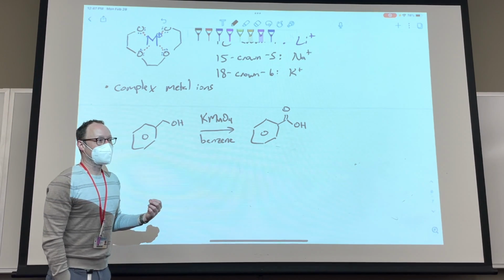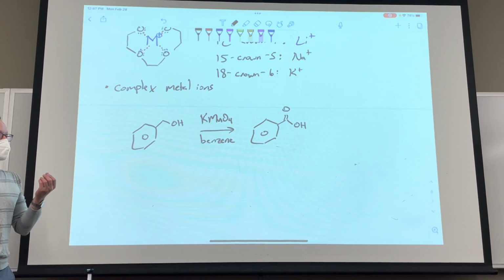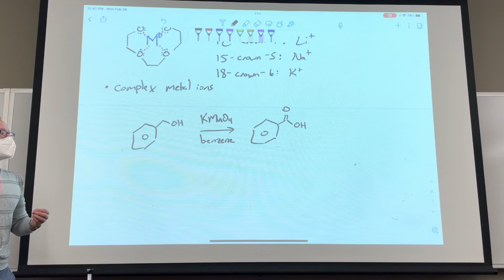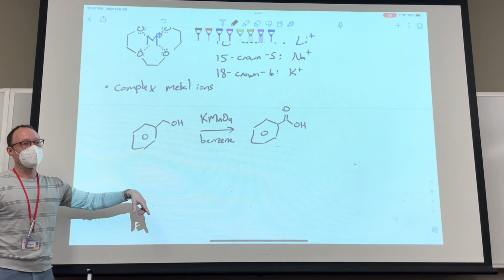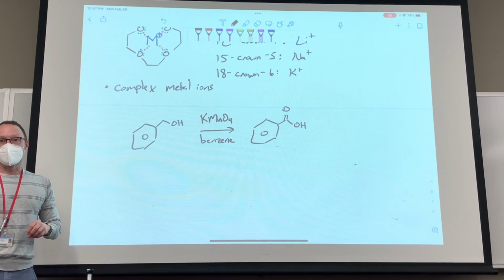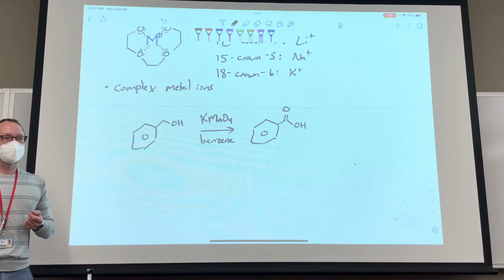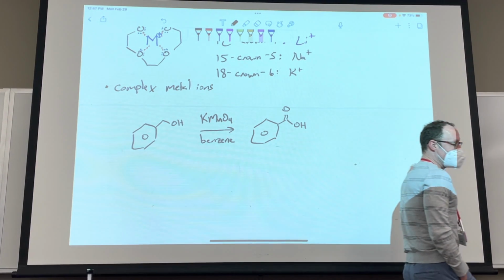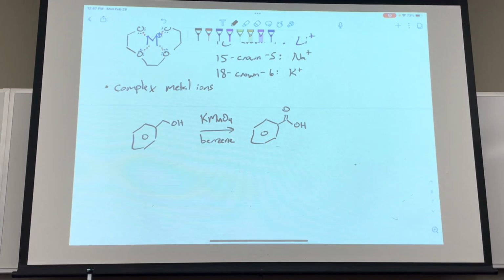If you did this in the lab, if you took solid potassium permanganate, it's just a purple colored solid, looks a lot like iodine, and you threw it in benzene, it would sink like a stone and just sit there. That's because the benzene cannot ionize or break apart the ionic compound. Well, that's a problem if you're trying to use permanganate as an oxidizing agent.